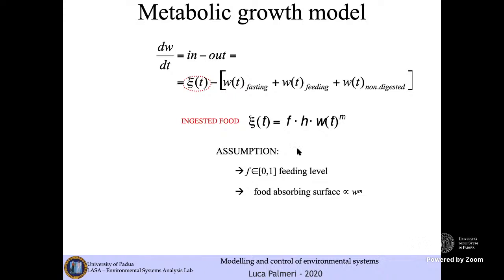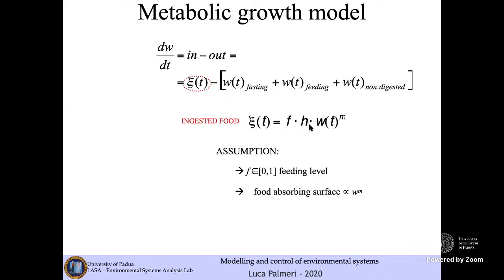So in this case, the assumption we make for ingested food is that the feeding level describes the ability, in that specific environmental condition, of that animal to convert food into biomass. You will have the topmost feeding level when f is 1, and you will have a starving organism, an organism that is not feeding, when f is 0.